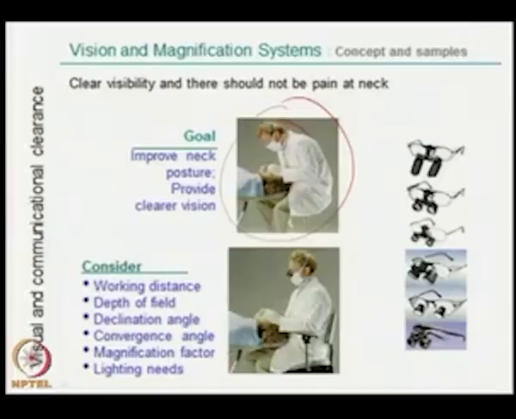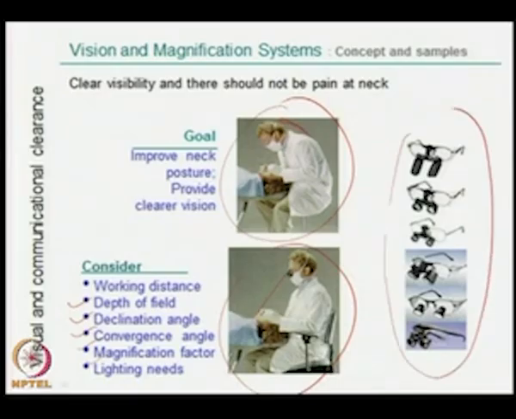In this case, what are the considerations? The working distance, depth of field, declination angle, convergence angle, magnification factor and lighting needs are all to be considered. Depending on this, a variety of spectacles with magnifying attachments are available in the market.